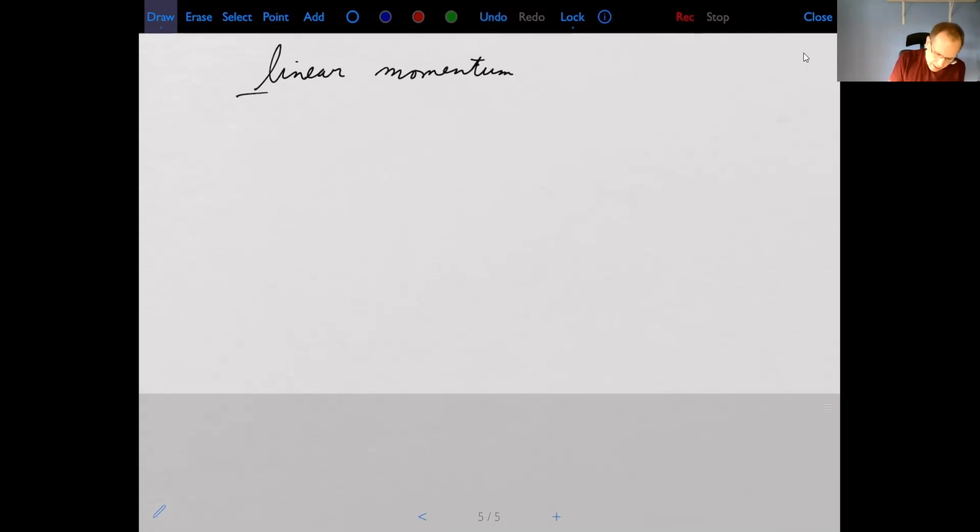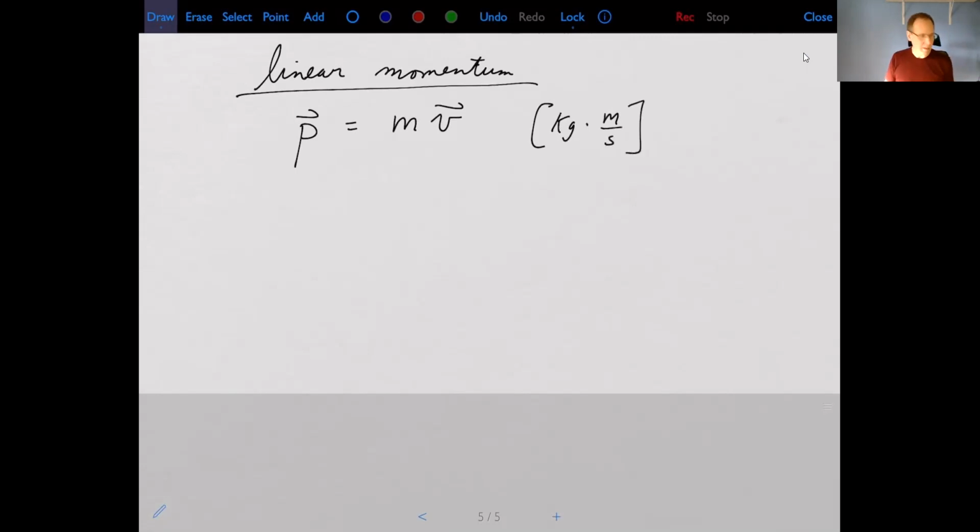Remember how this is defined? We usually call it p for linear momentum, and it's simply equal to the mass of the object times its velocity, and it has units of kilograms times meters per second. So that was linear momentum.